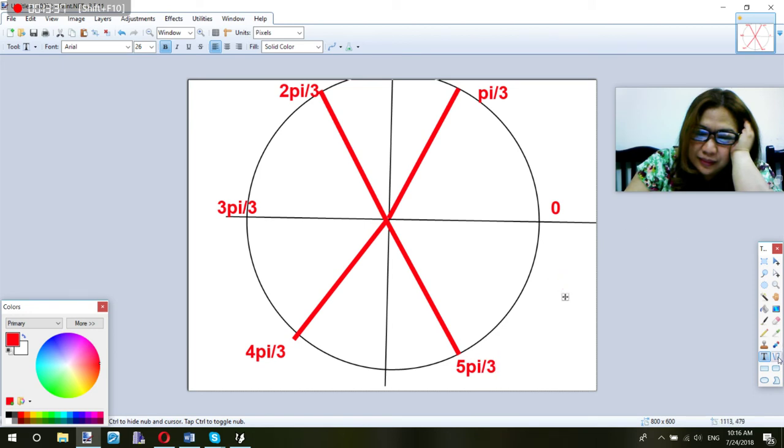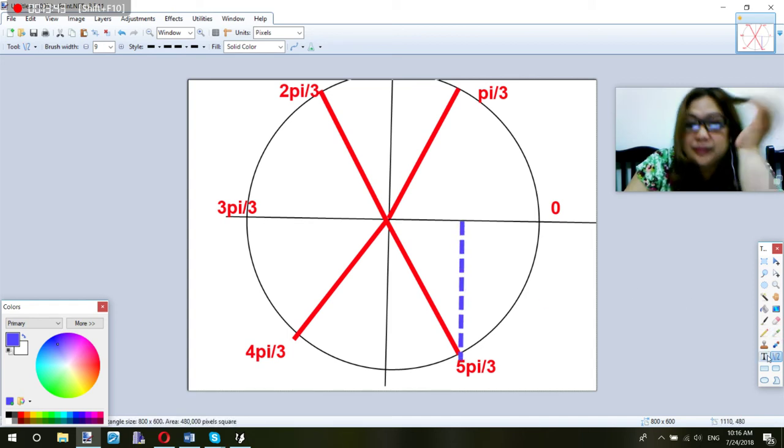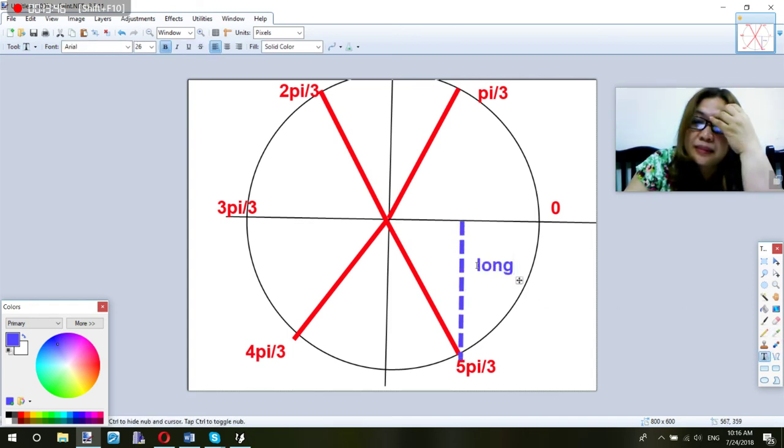At 5 pi thirds I've got a long side and a short side. My longer side is this line in blue, and my shorter side is this side in green. My short side should be positive because I'm in this quadrant, and my long side will be negative. My y value is going down, but my x value is going to the right.